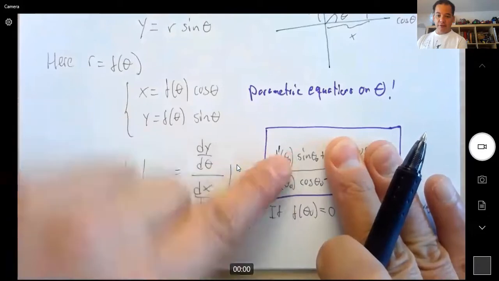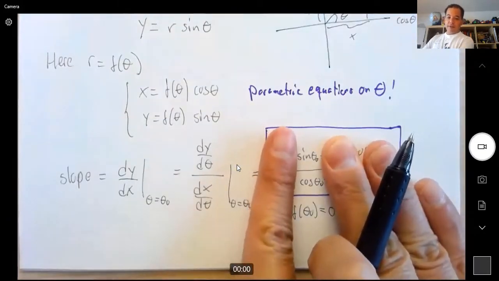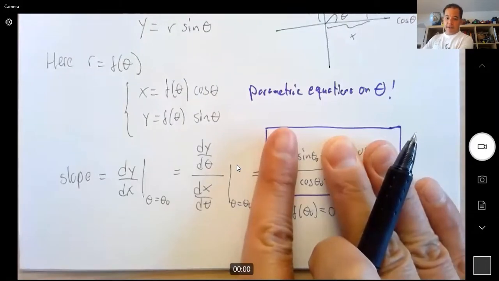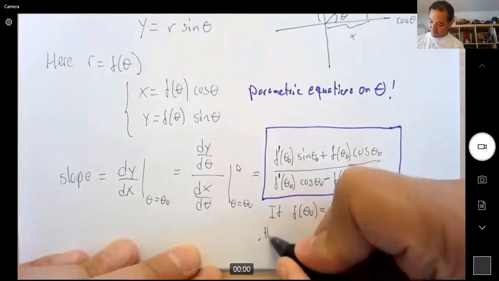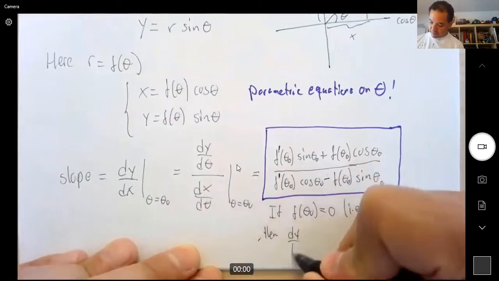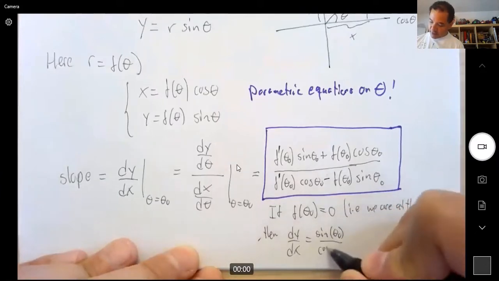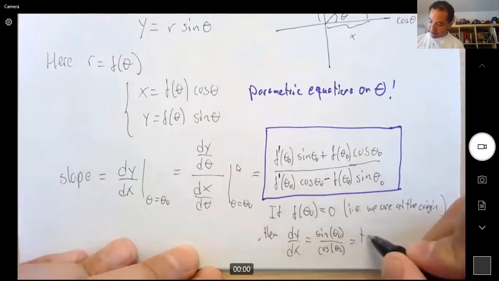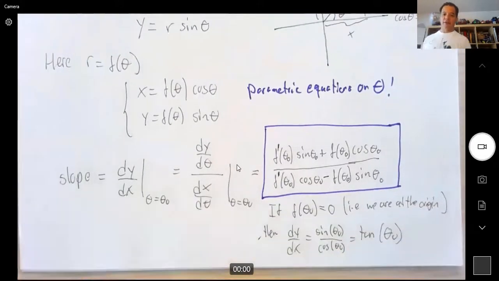These two cancel as well. And look what is left. The only thing that remains is sine of theta 0 divided by cosine theta 0, which you can better write as tangent of theta 0. So that's a special case. It's worth noting that you get something cute and short if you happen to go through the origin.